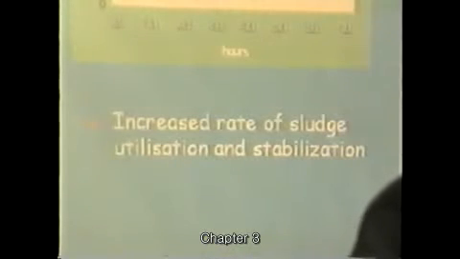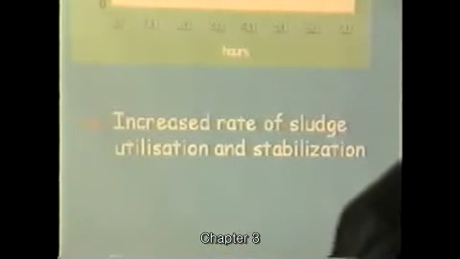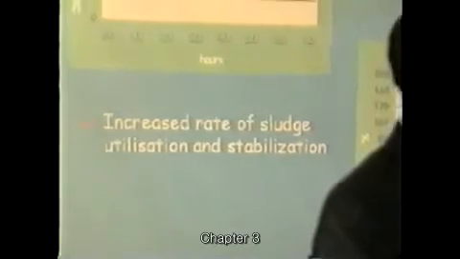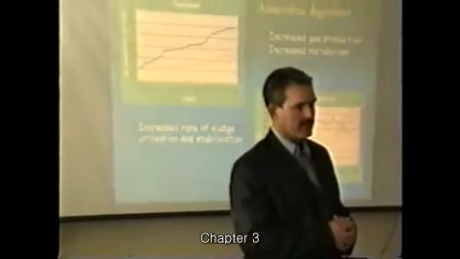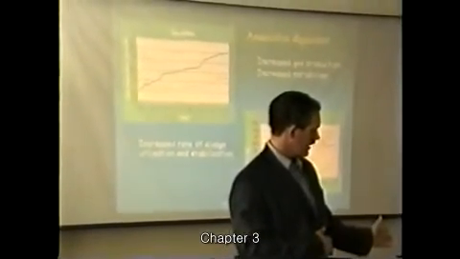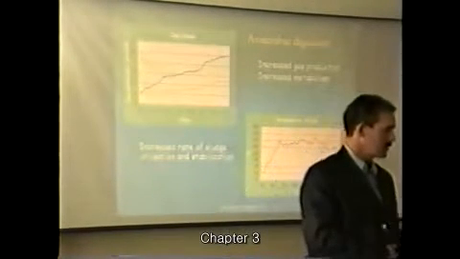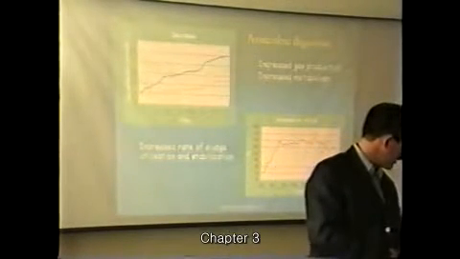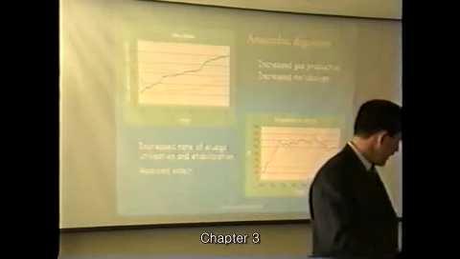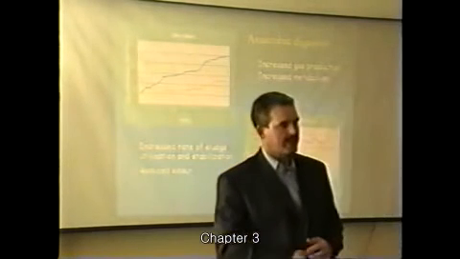Your feed rate is increased. Normally a digester can take X amount of sludge to digest it. And if you're looking at these numbers, we can almost double the feed rate and still get the same results. The other thing as well, it reduces odor.